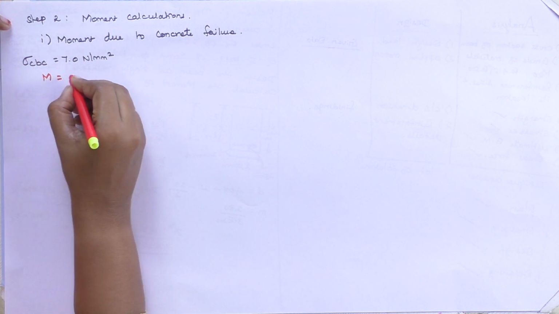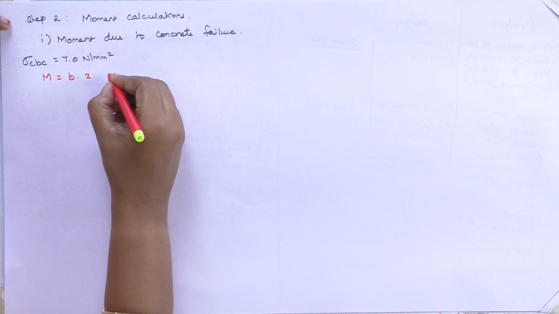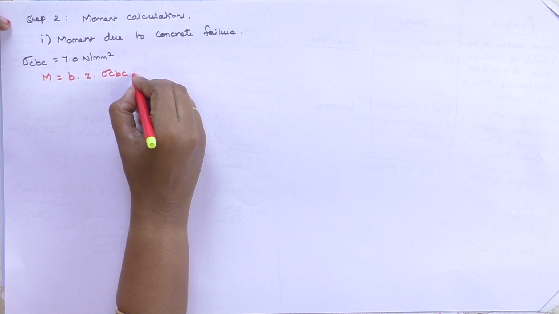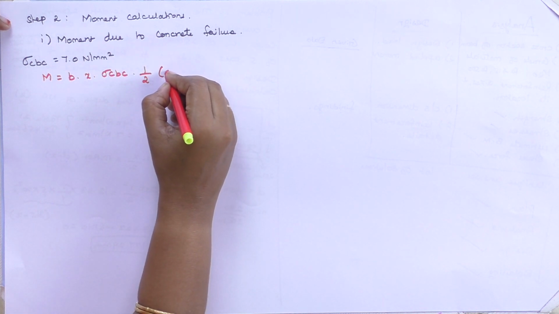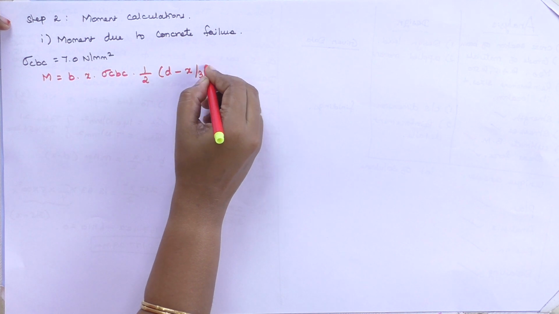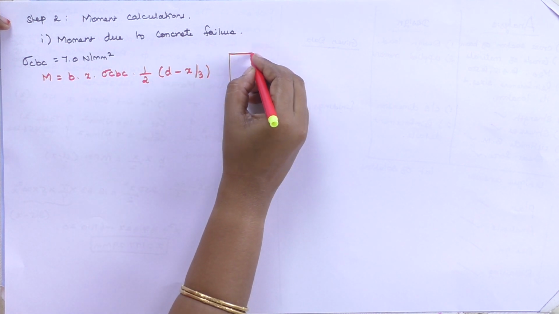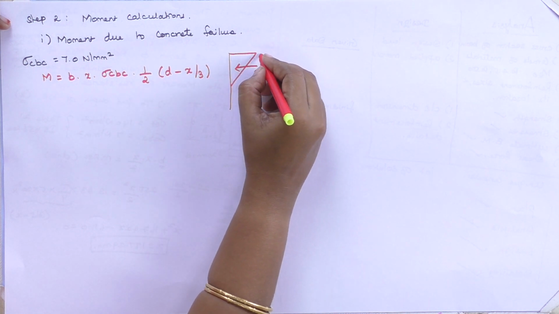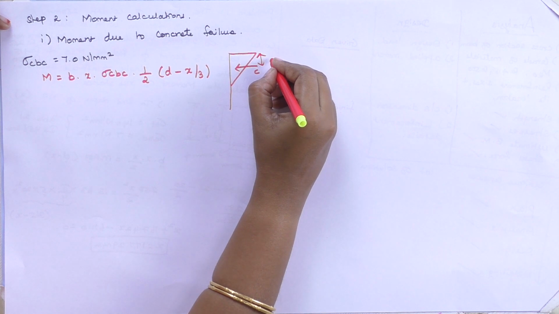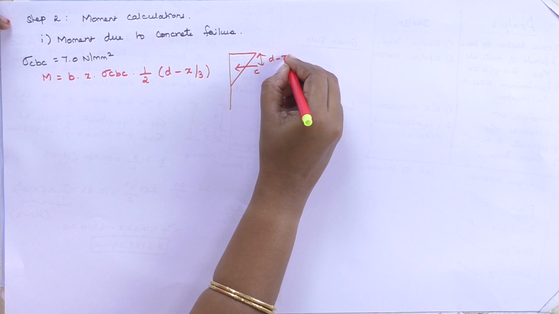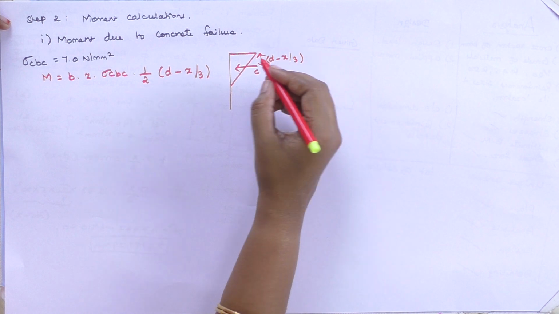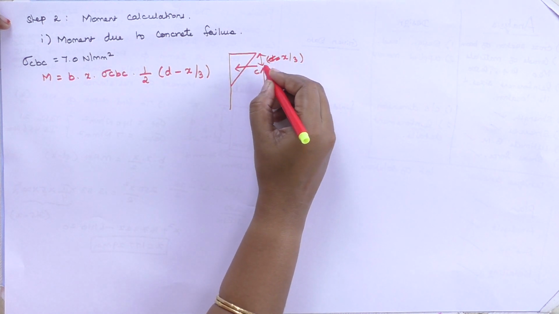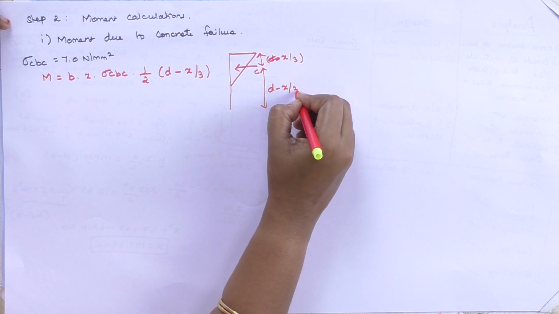M is equal to B x sigma CBC into half into d minus x by 3. That is, from the stress strain curve, this is your C value, this is x by 3, this value is total d minus x by 3.